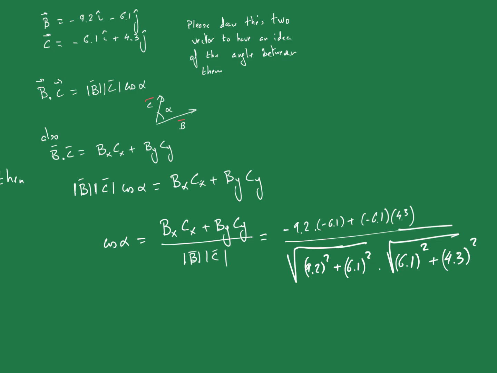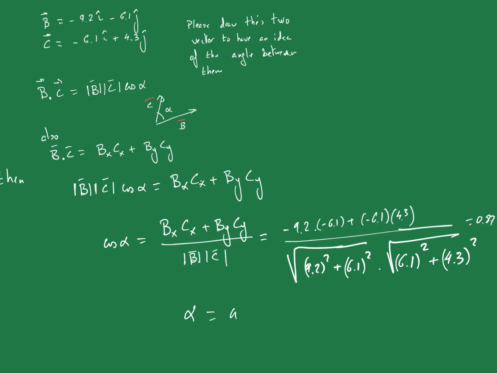So I will have a number. The number should be between minus 1 and 1, because the cosine of the angle is always between minus 1 and 1. Let's say the number gives you 0.87.